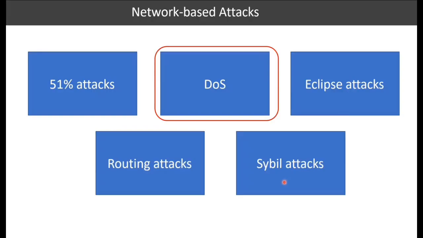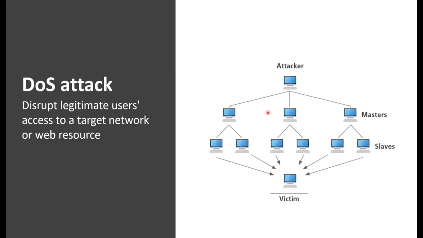In this video, we are going to talk about network level vulnerabilities and attacks. Denial of service attacks. It is possible on a blockchain network for an attacker to deny service to a legitimate user on the blockchain using malware.